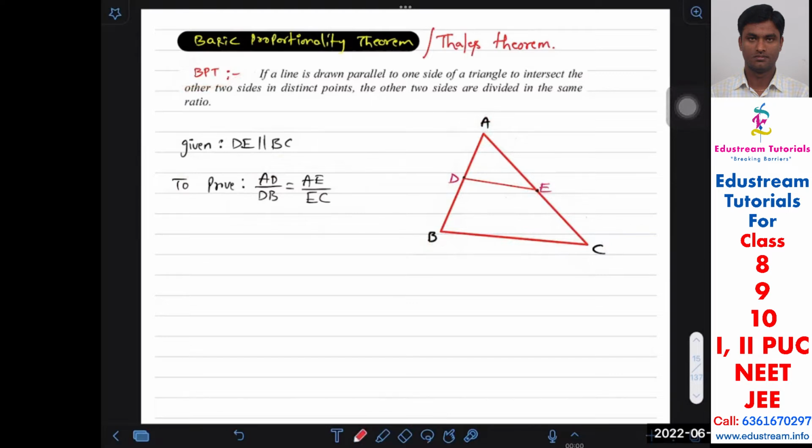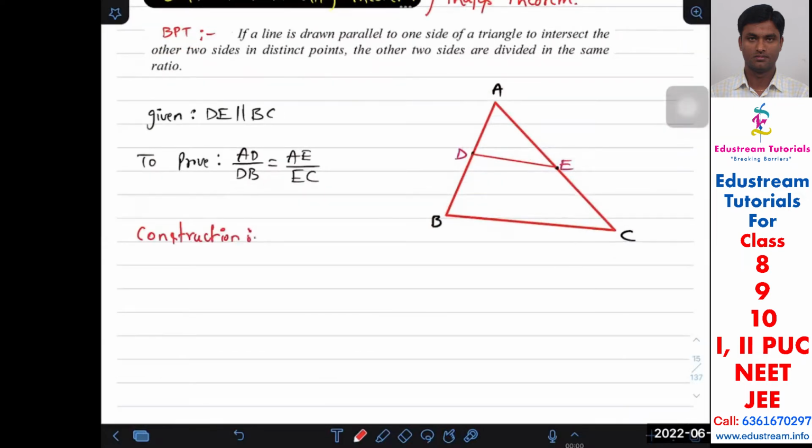How to prove this? First, let's make some construction here. What's the construction that has to be drawn? Let's draw a line perpendicular to AD from E. Let's call it H1.